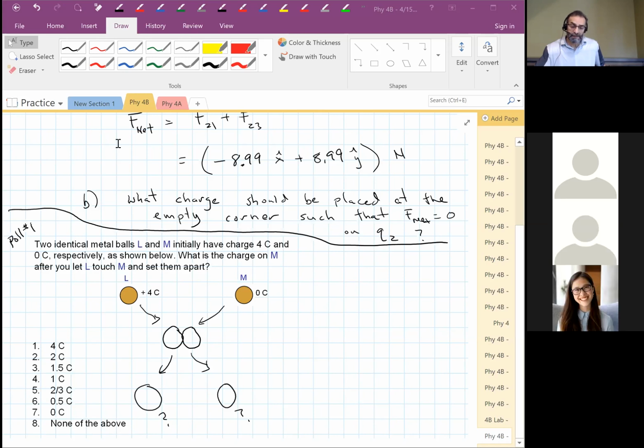Professor, could you scroll down your screen a little bit so we can see the options? You can move the poll, I think. Just drag, is the poll in the way? Oh no, that's good now.